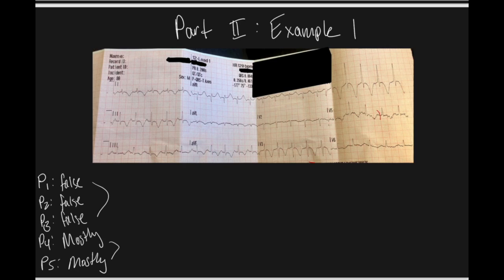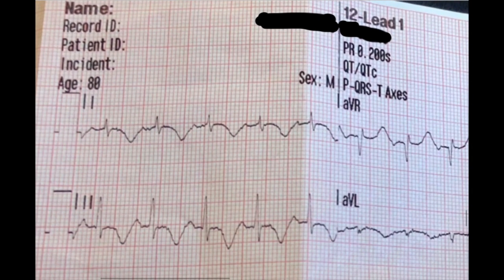So we're just going to look at one lead at a time. So in lead 1, we know that we should have a positive P wave, which we seem to have. We know that we should be predominantly positive deflections, so we should have a dominant R wave in lead 1.